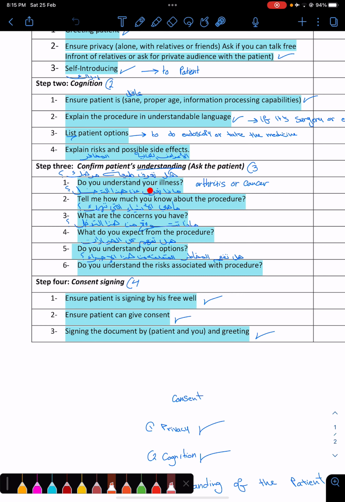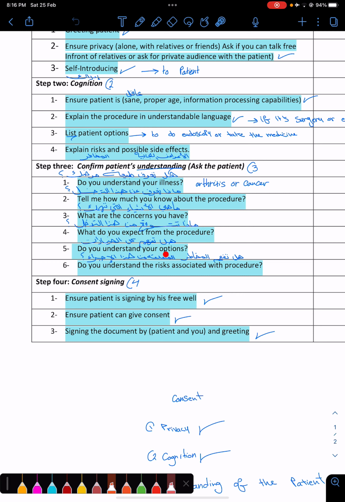So check the patient's understanding of the illness, and ask how much they know about this procedure and what concerns they have. What do you expect from this procedure? What is going to happen to you? What are the consequences of this procedure?